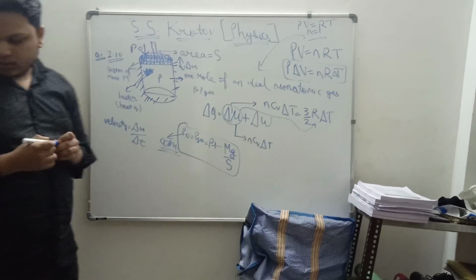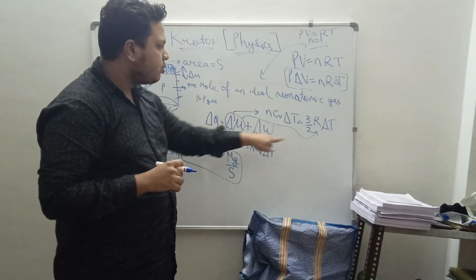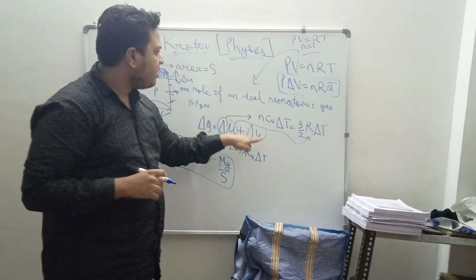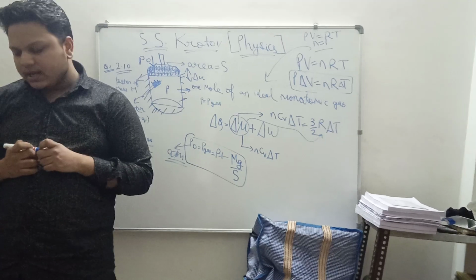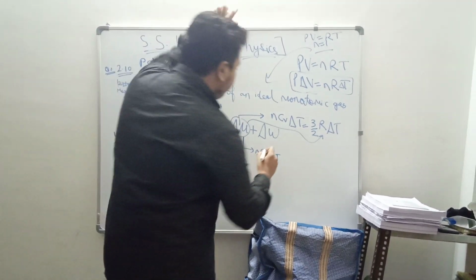So this we will use. Now Q is equal to delta U plus delta W. Delta U is equal to 3 by 2 RT. Now what is delta W? That is very important because delta W is basically nothing but P delta V, the amount of work done.